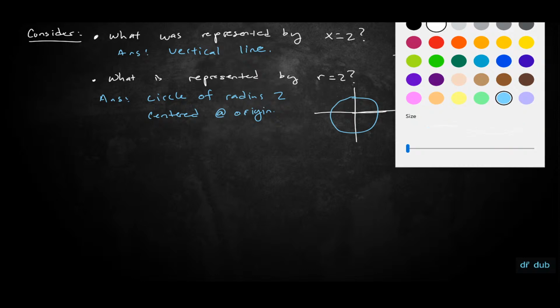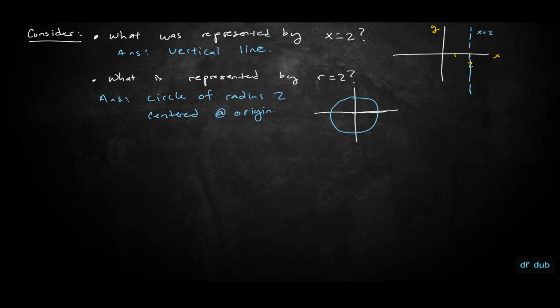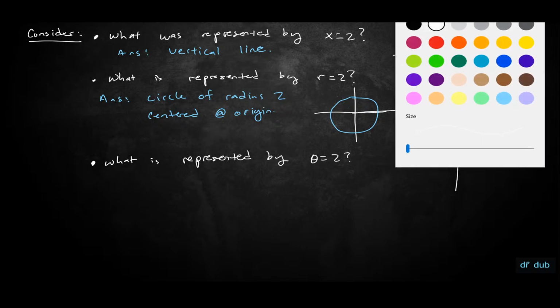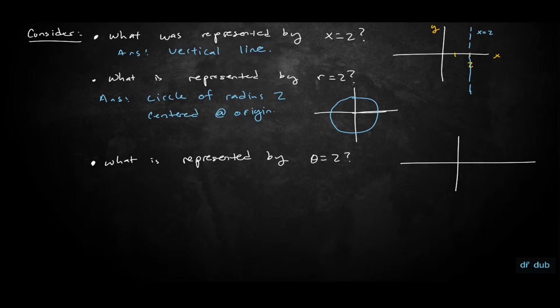And then you might ask yourself, I wonder what theta equals 2 would represent. Well, we already kind of gave that away with our coordinate system drawing earlier, so what is represented by theta equals 2? So we draw axes, and if we fix theta at 2 radians, then that will say that r can be anything. So if r is anything, theta equals 2 radians, that's like this angle right here.